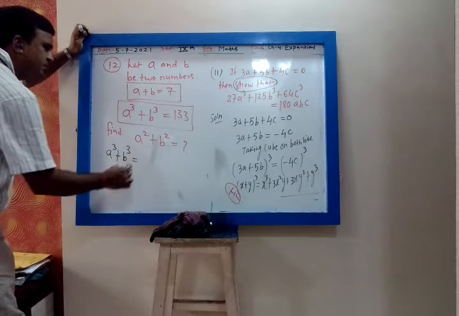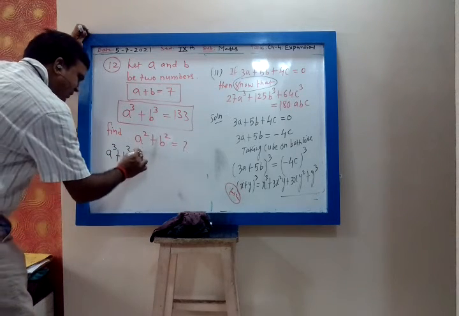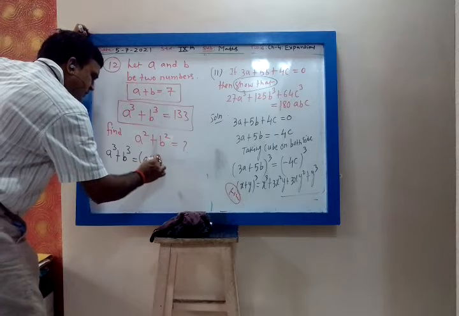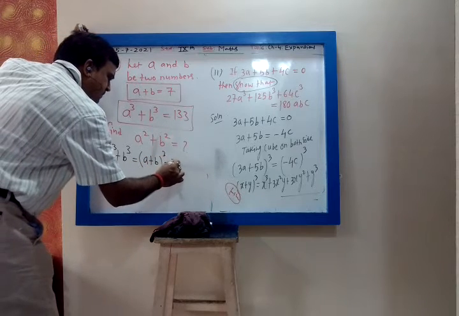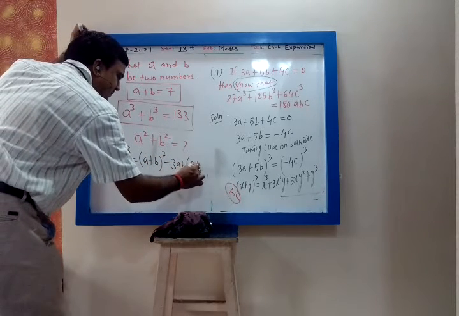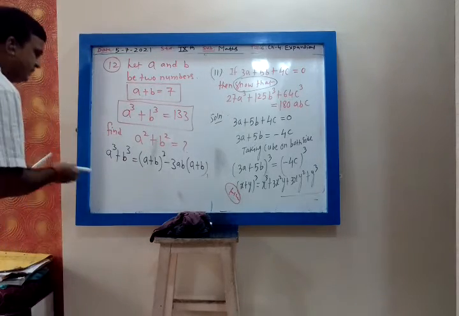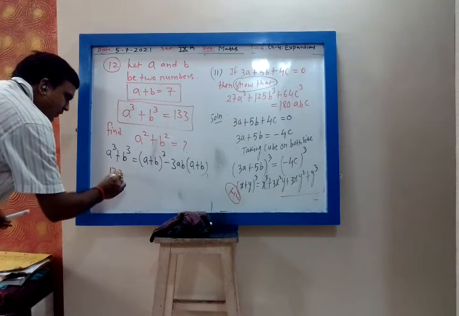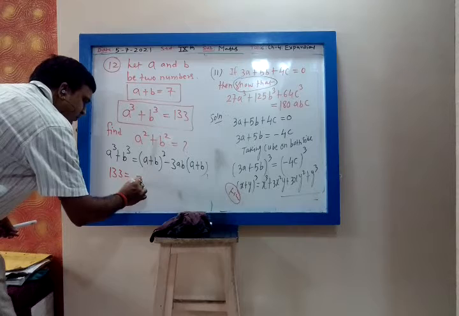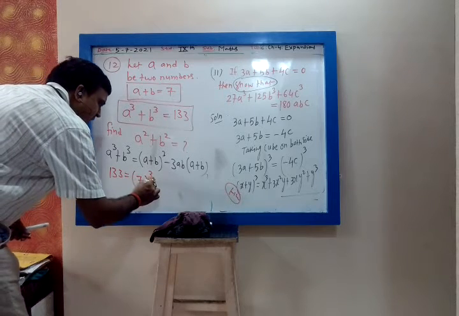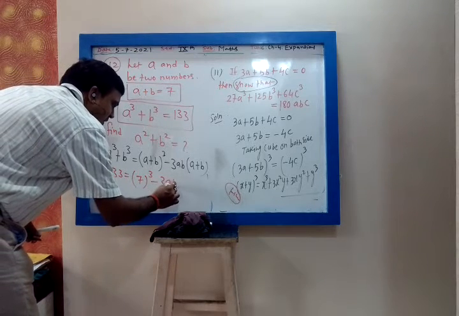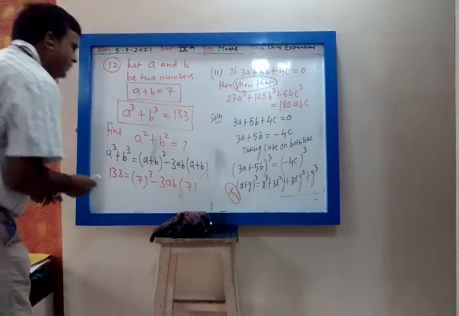What is the formula? (a plus b) whole cube minus 3ab into (a plus b). Use this formula. A cube plus b cube is given 133, a plus b is given 7, so 7 cube minus 3ab into 7. Simplify this.